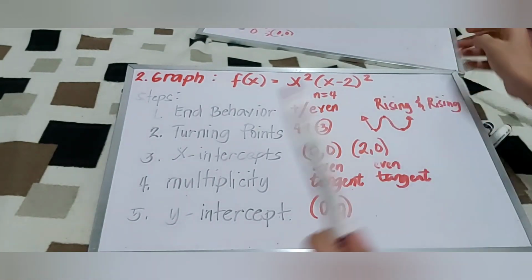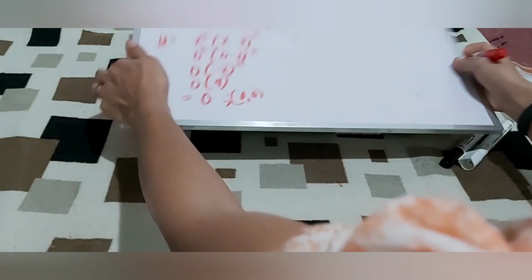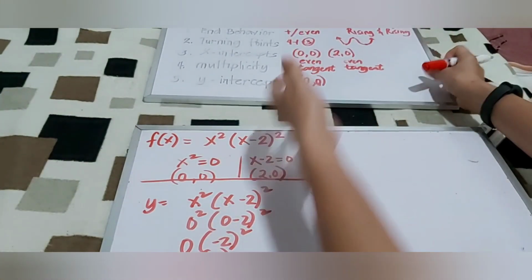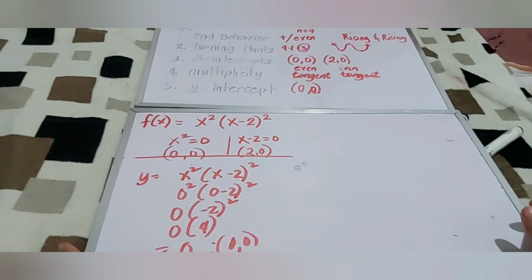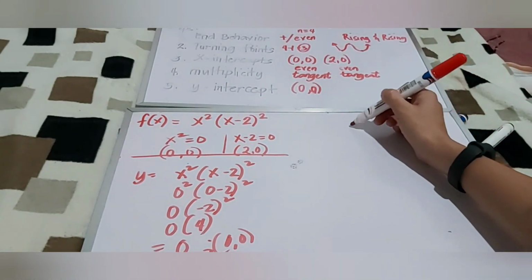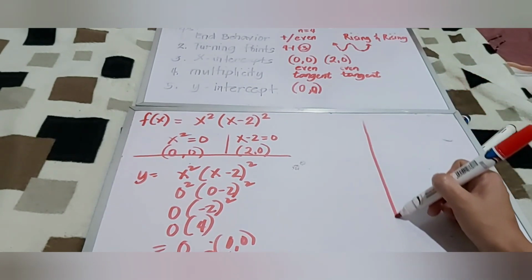Now, pwede na tayong mag-graph. Okay, graph tayo ulit. So, in this case, pakita natin yung ating function. Okay. Ayan. Kita ba? Yun. Okay, so this is our y axis.